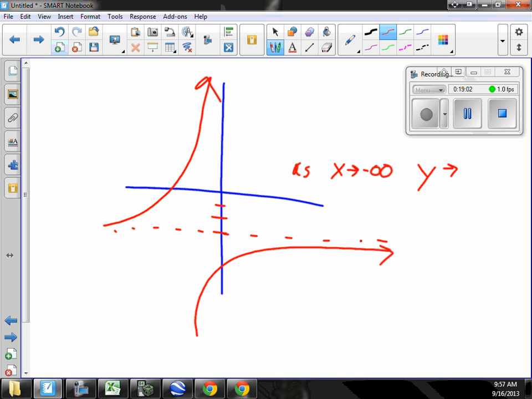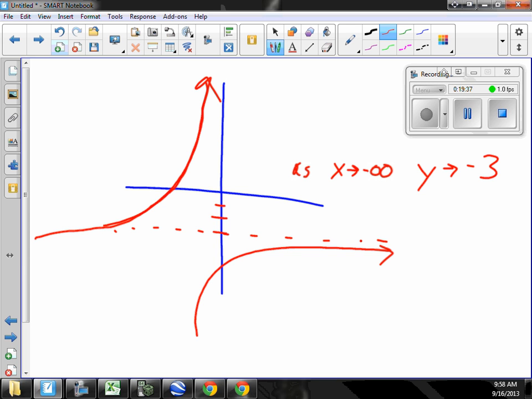Is it going up or is it going down? It's going down, but it's not going to negative infinity. What y value is it approaching? It's approaching negative 3. So as I trace my x's, negative 1 on my x, I'm at 10 on my y. Negative 3 on my x, I'm at 0. Negative 4, I'm at negative 1. Negative 5, I'm at negative 2. And the further I go this way, the smaller my x's get, that y value gets closer and closer to negative 3.